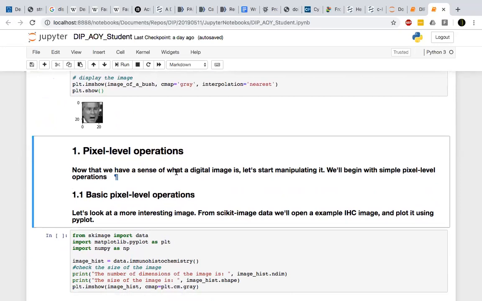All right, so the next thing we're going to do is pixel level operations. Let's go on and we'll fix that during the next session. Pixel level operations are the simplest thing you can do with an image. I'm going to take individual pixels and apply something to them.